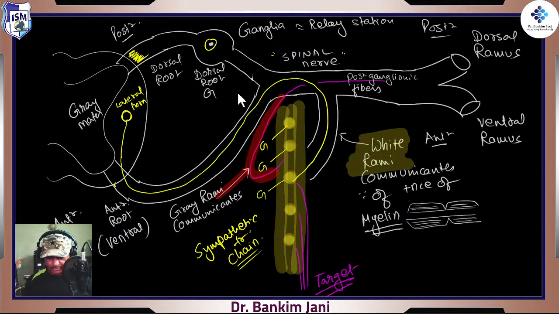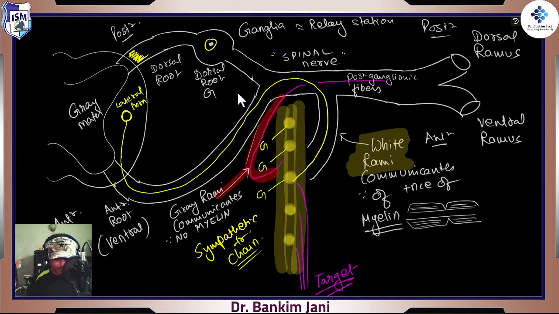So they'll go all the way and will land into the sympathetic chain. Few fibers will say, no, we'll go back to the spinal nerve. So they start their journey, and this time this particular path is called the gray rami communicants, because they don't have myelin. That's why, because no myelin.